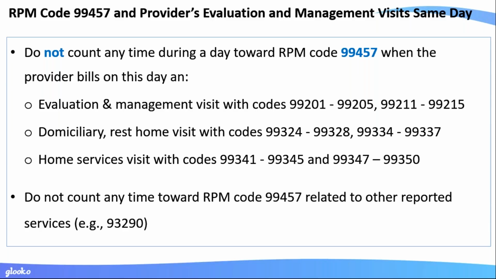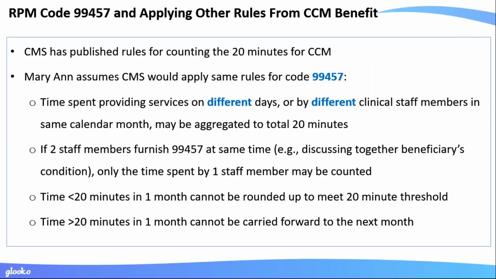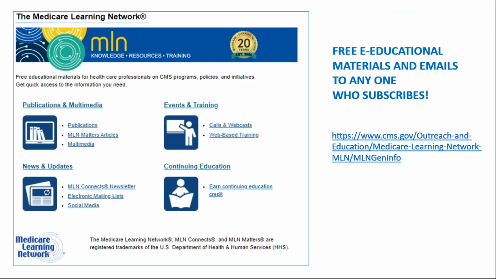You know, he spent 20 minutes doing the E&M visit with Martha face to face, and he discussed the RPMs. You say, well, I'm going to count that 20 minutes into 99457. You can't do that. Dr. Miller is going to bill the evaluation and management visit, that live visit with Martha, and the time does not go into 99457.